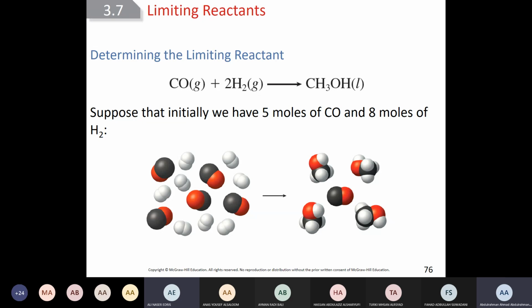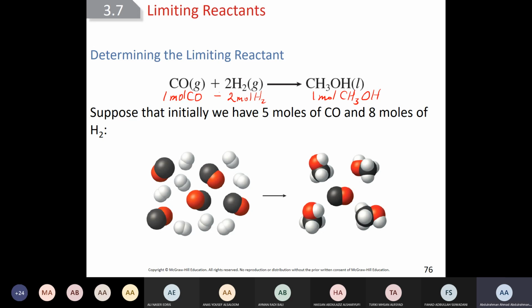What's the relation between the reactant and product? 1 mole CO and 2 mole H2 give you 1 mole CH3OH. Is this clear?